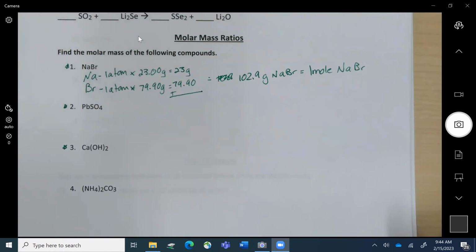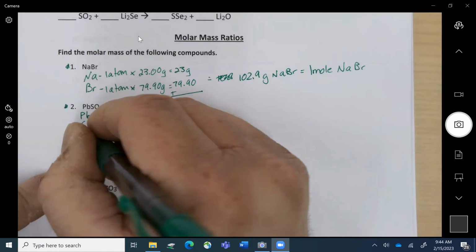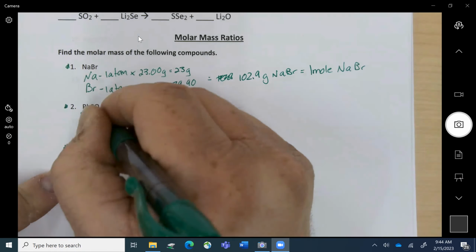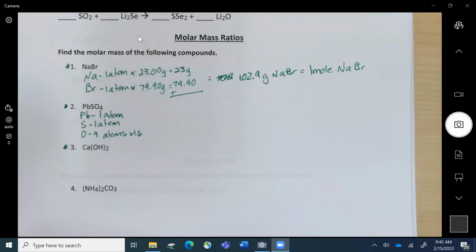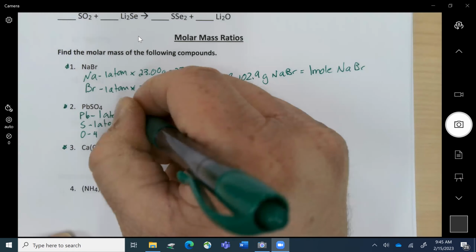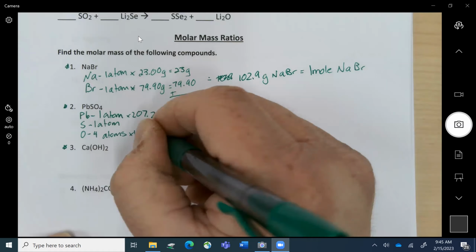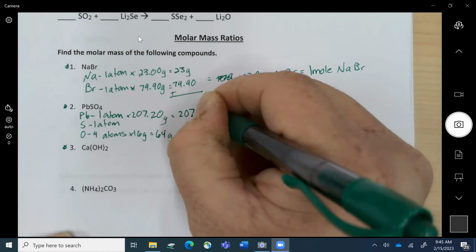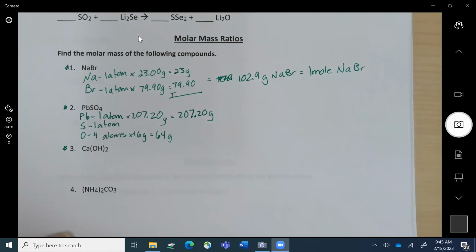All right. The next one, I got PbSO4: 4 atoms of oxygen times 16, I know that one off the top of my head, 1 atom of sulfur and 1 atom of lead. Lead(II) sulfate is its technical name. Lead is 207.20 grams, oxygen is 64 grams total, and sulfur's 32.06.